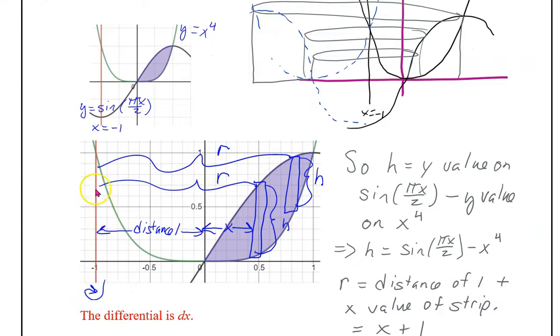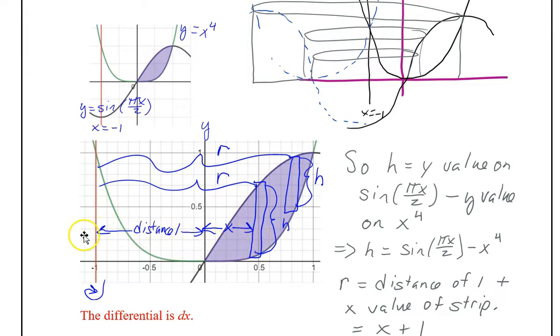The radius goes from the axis of rotation to the strip, wherever the strip may be. Notice that the distance from the y-axis, which is here in the center, to the axis of rotation is a distance of 1. The distance from the y-axis over to any strip is going to be the x value at the strip.